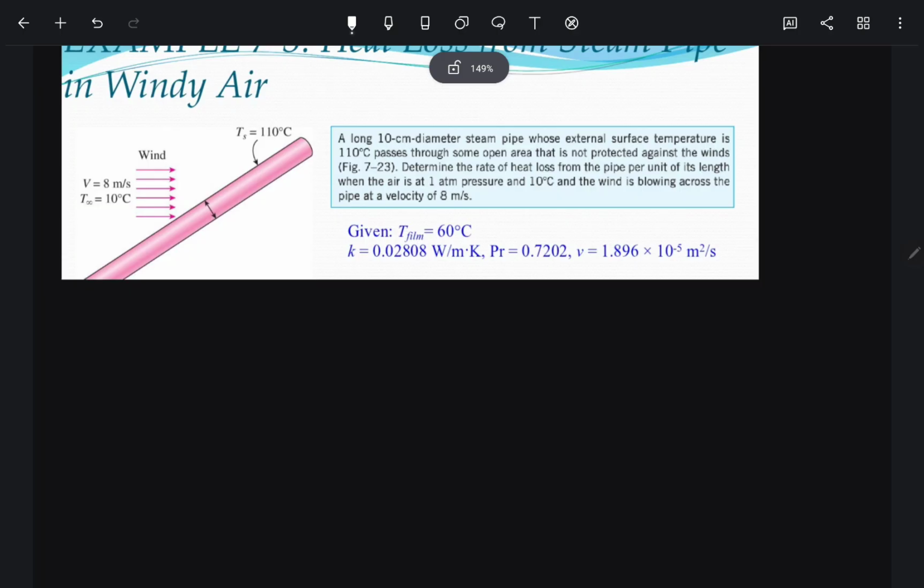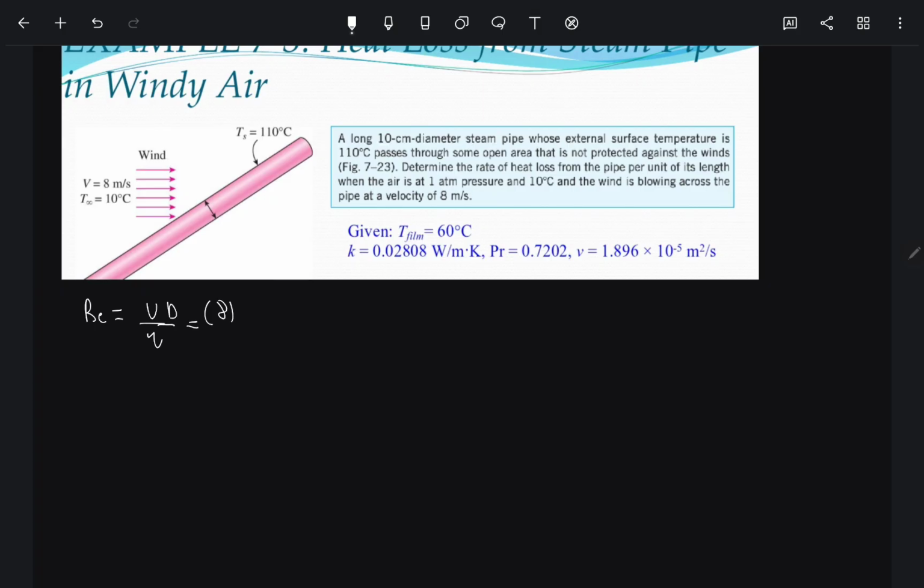Because this is a pipe, the Reynolds number is not based on L or X, it is D. So VD over nu. The velocity is given, 8 meters per second. D is the diameter of the pipe.